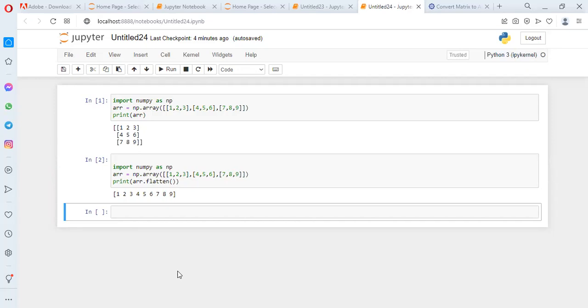Then I had also discussed the maximum value and the minimum value of the numbers from the NumPy array.